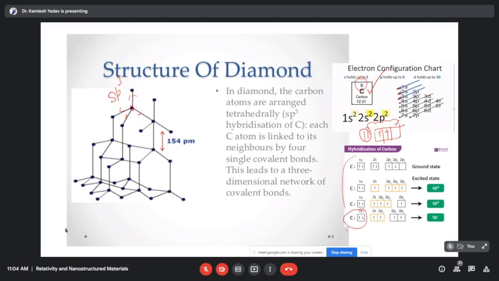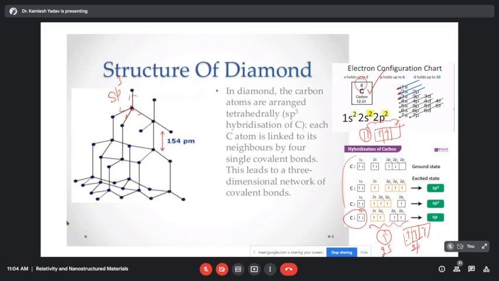These are the inner orbitals, and these are the valence shell electrons. Therefore there is one electron in the 2s orbital and three electrons in the 2p orbital.